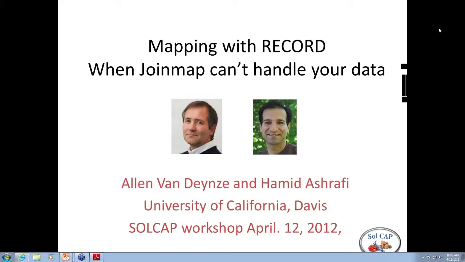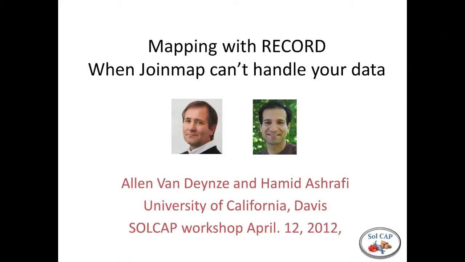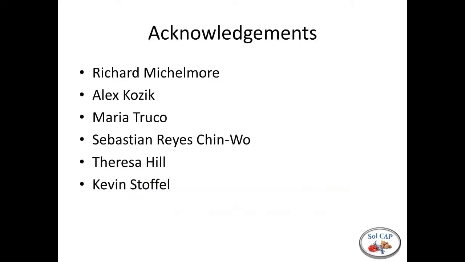So my talk today is going to be about mapping a lot of markers, which has been a large challenge, at least in our lab, when we're designing high-density genetic maps. We've adopted a strategy that's been developed in the Mitchell-Moore lab here at UC Davis.